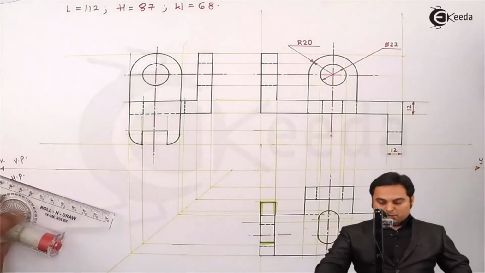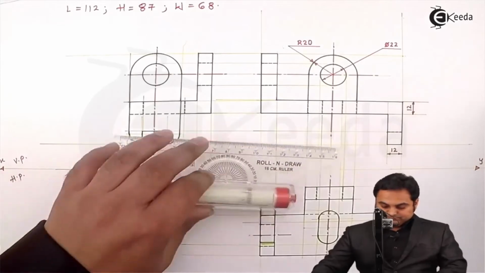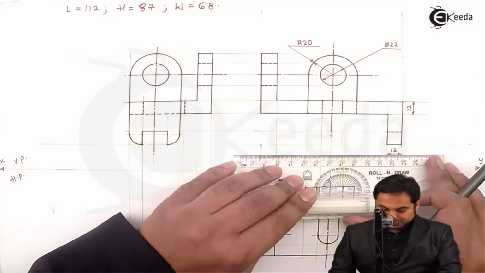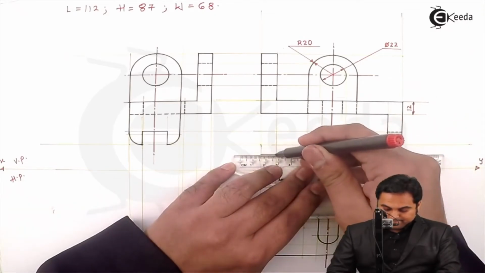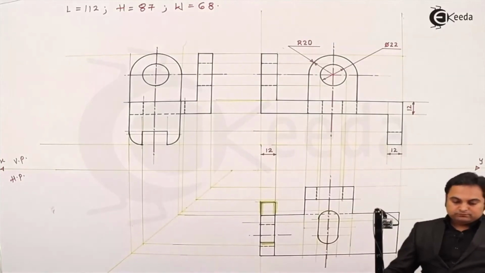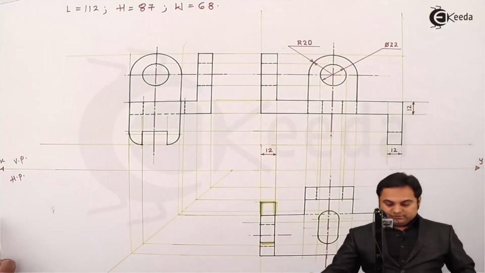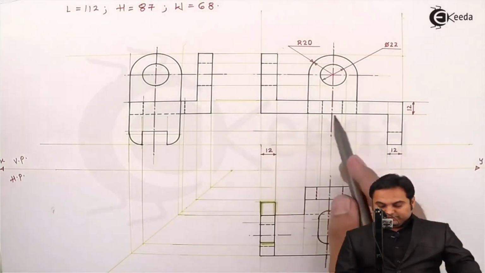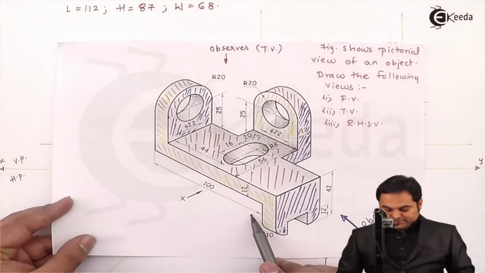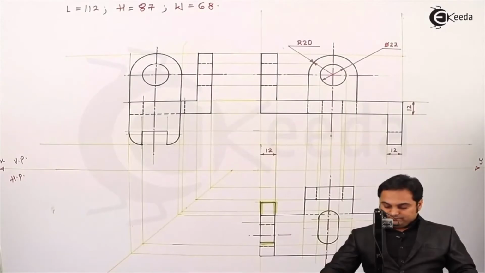Next, this vertical plate has a length of 12. Next, the plate has a length of 100 up till here, as we have seen, 100 before this 12.